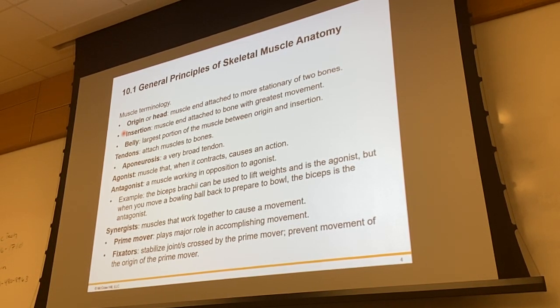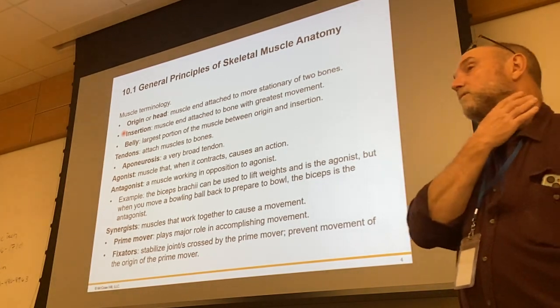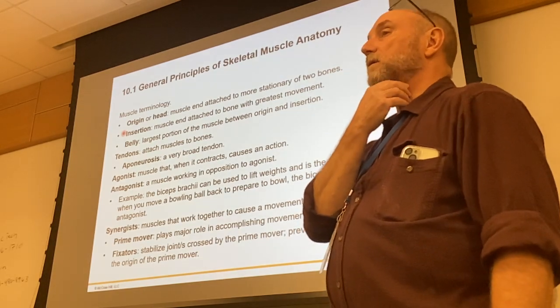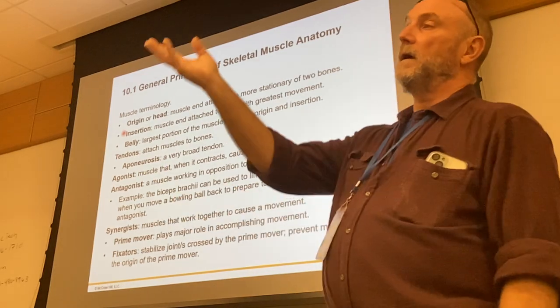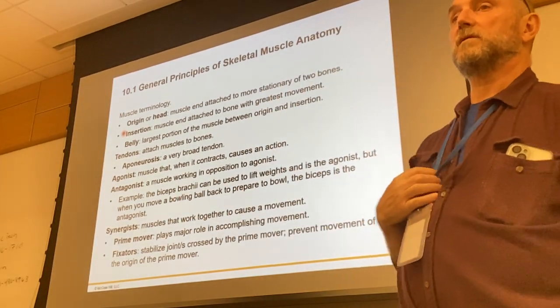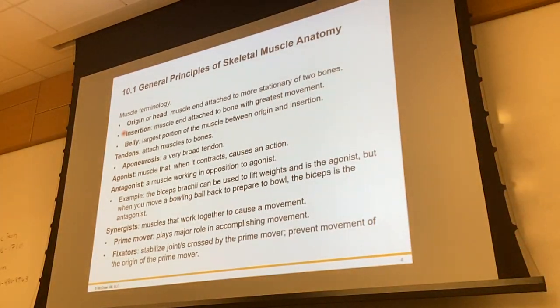The one thing that is always consistent here is the origin is immobile, the insertion is mobile. I'm going to show you some examples of when those rules don't apply. The first muscle I'll talk about today is an example of when the rule doesn't apply. The majority of the time, the rules do apply in terms of the origin and insertion.